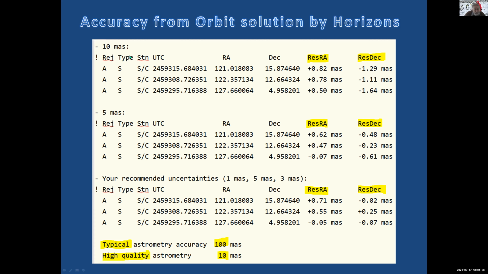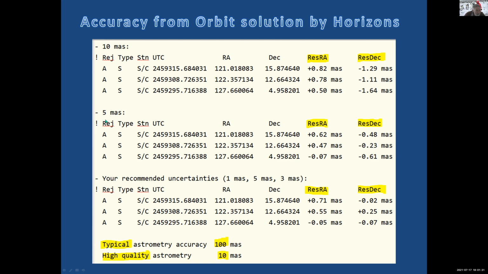The first group of three, he applied an overall uncertainty of 10 milliarc seconds, and the residuals for each of the observations, they're all consistent, and 0.8, 0.7, 0.5, and a bit over 1 milliarc second, quite small.